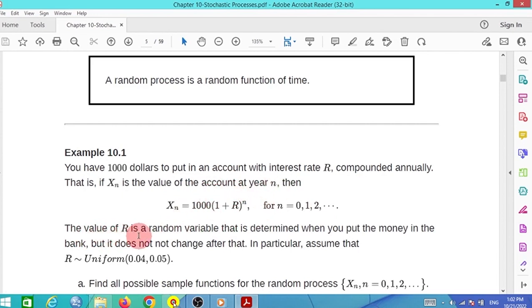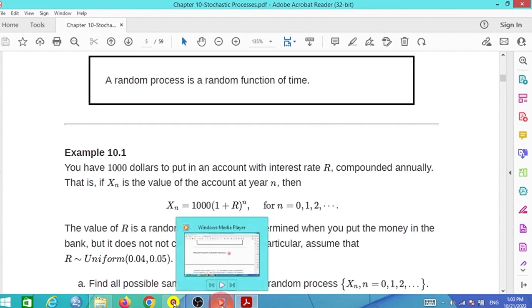The value of R is a random variable that is determined when you put the money in the bank, but does not change after that. Okay, at the first time the bank selects R, but after this R does not change.